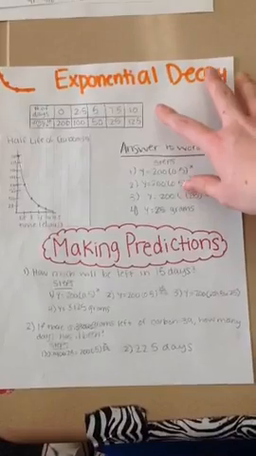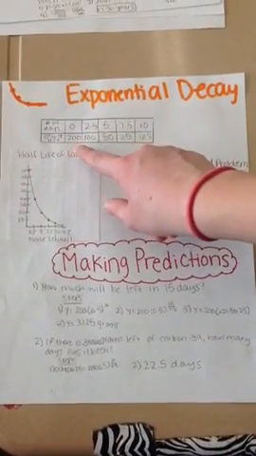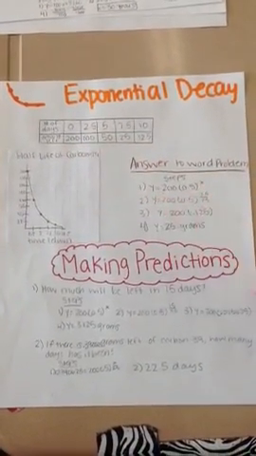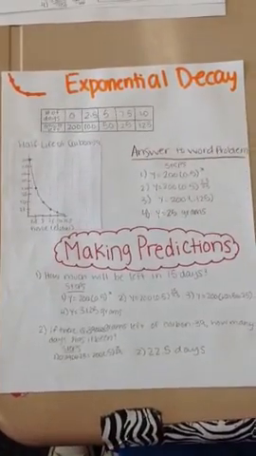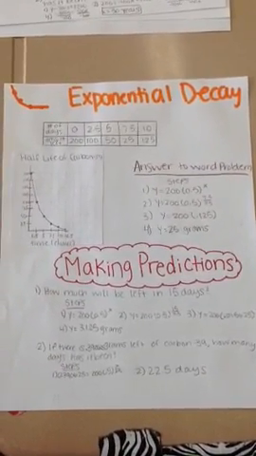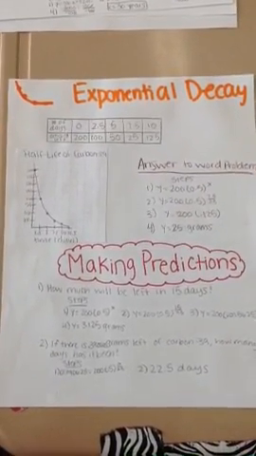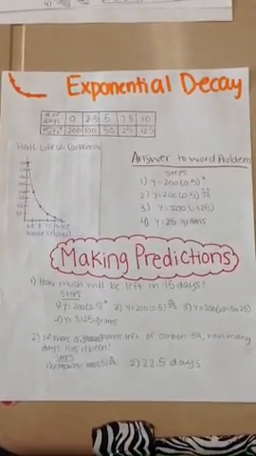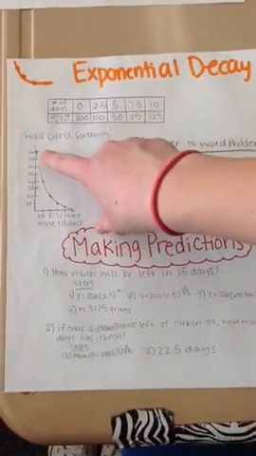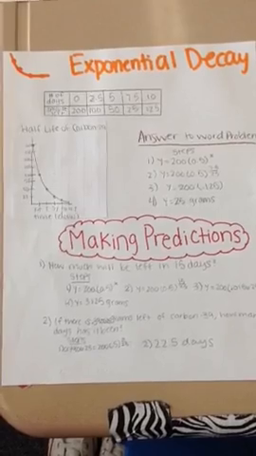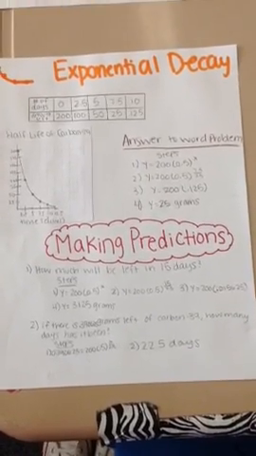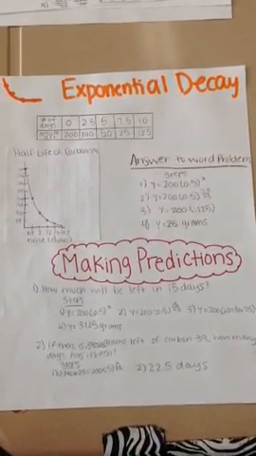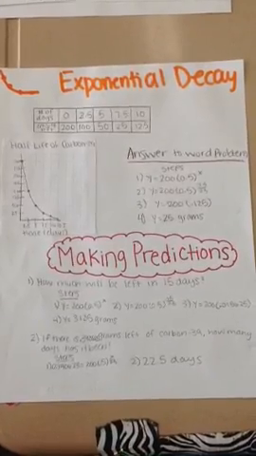So our table is after 0 days, there's 200 grams, 2.5 is 100, 5 is 50, 7.5 is 25, and 10 is 12.5. So our graph is exponential decay because it's curving. And so the question was, how much will be left after 7.5 days?